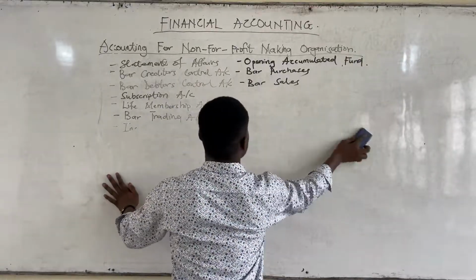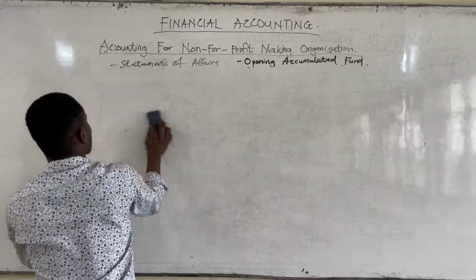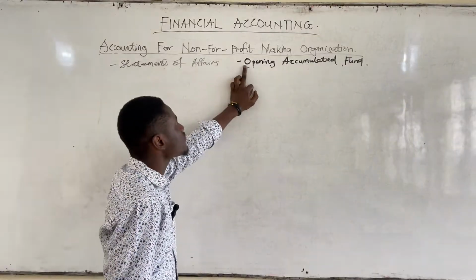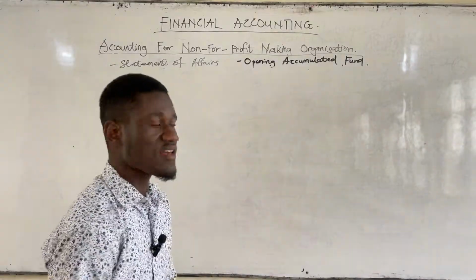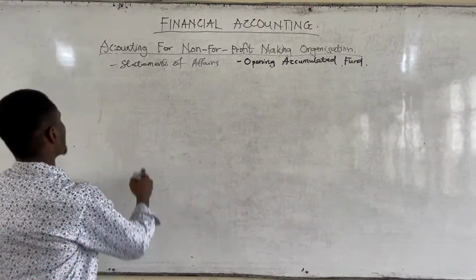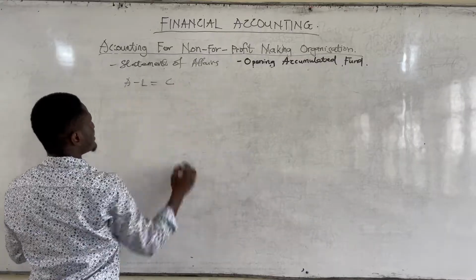So we are going to start with the statement of affairs. With this statement of affairs, we are going to use the opening balances because we want to find the opening accumulated fund. So we use the opening balances we have in the question. We know that assets minus liabilities is what we use to get our capital.